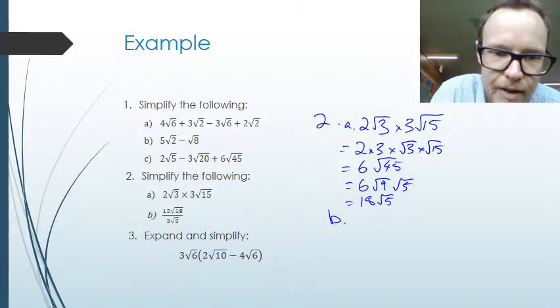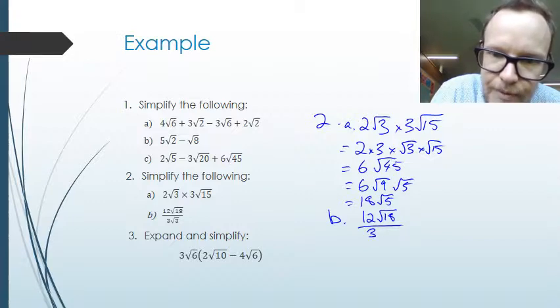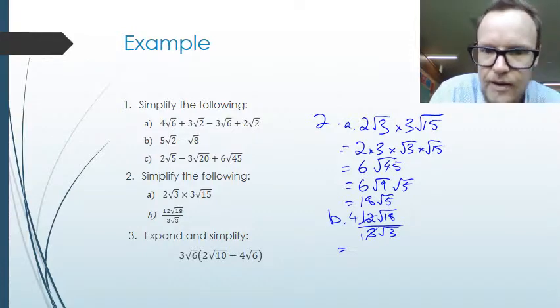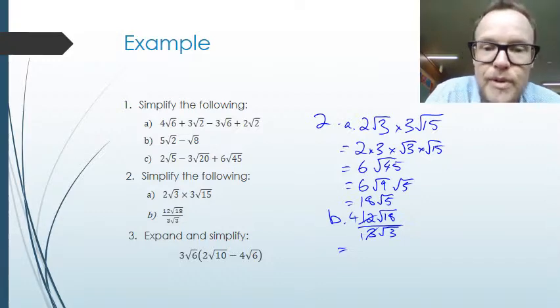For B, we've got 12 root 18 over 3 root 3. Now we can already cancel this 3 and 12, and we get 4 over 1. We're cancelling because we're dividing the top and the bottom by the same number, by 3.